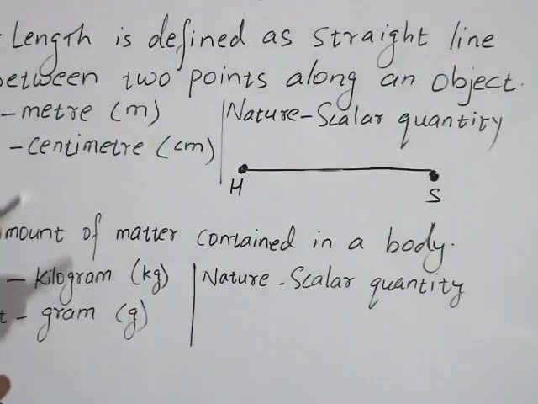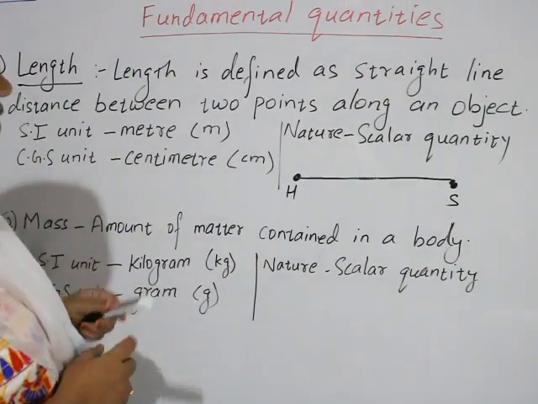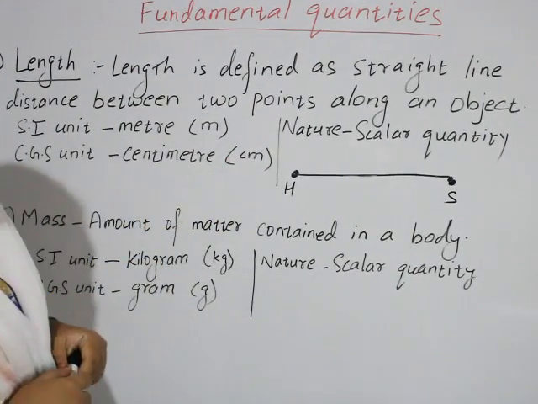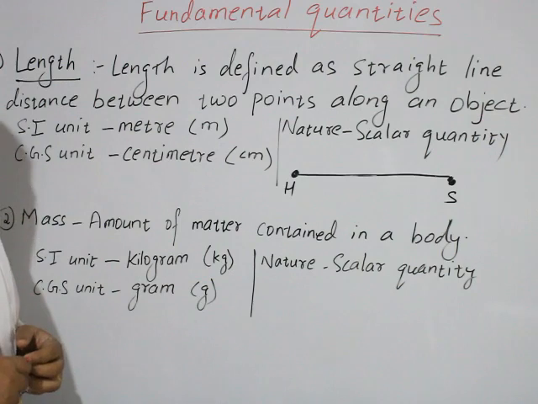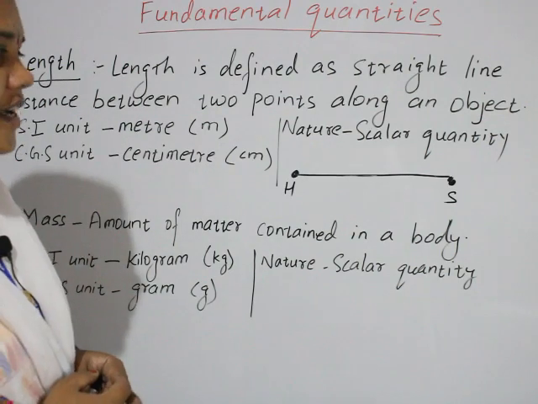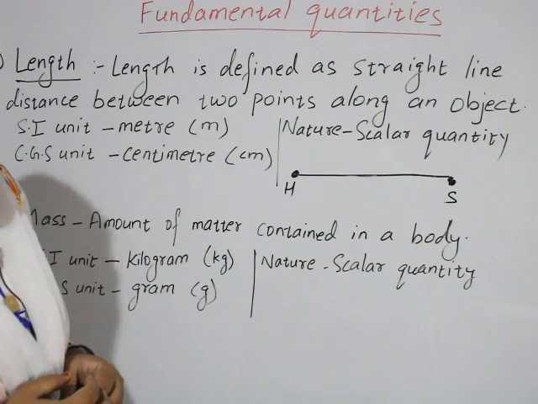Its SI unit is meter, symbol is small m. CGS unit is centimeter, symbol is small c, small m. Nature: for the quantities, you have to remember the nature. Nature means which type of quantity it is, whether a scalar quantity or vector quantity. We already discussed this.